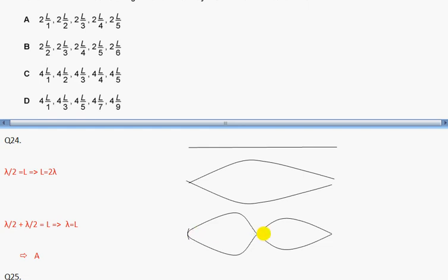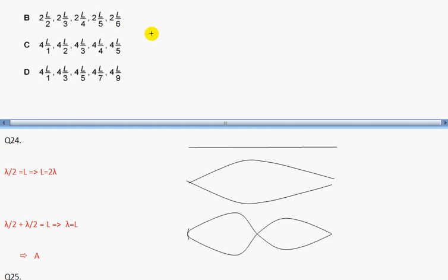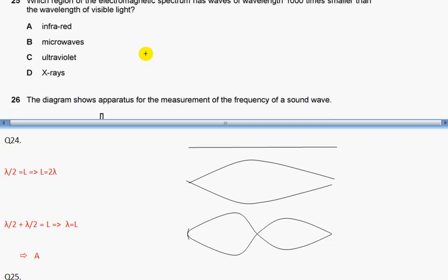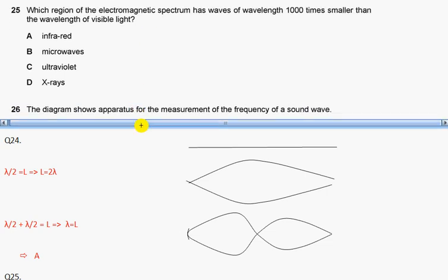Or lambda over 2 and lambda over 2 equals length. So we already have the answer. 2 lambda and 2L and then L. So answer A. No need to check other frequencies.